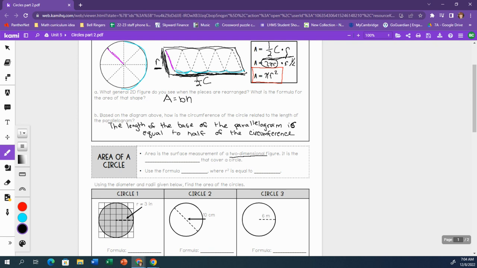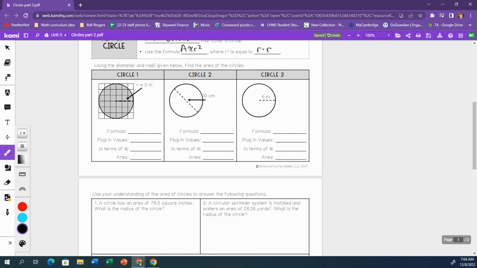It is the square units that cover the circle. Okay? Use the formula A equals pi r squared, where r squared is equal to r times r. Okay? Okay, good talk. Let's finish this up down here.